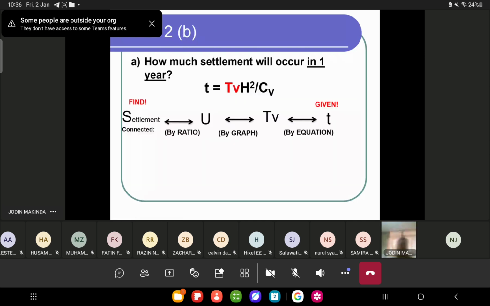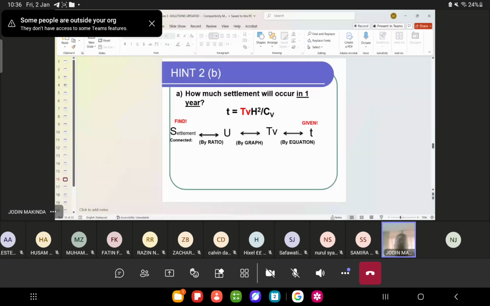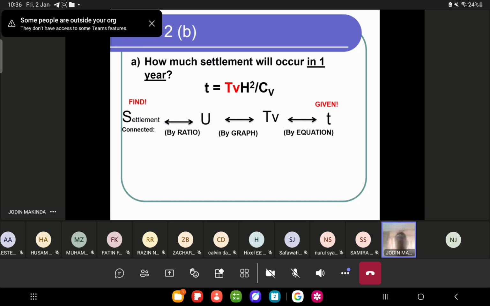Okay. Question B. How much settlement will occur in 1 year? How much?